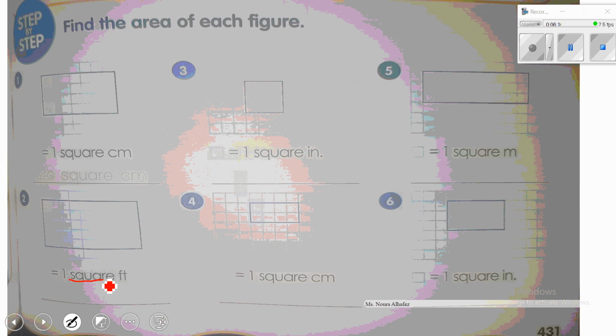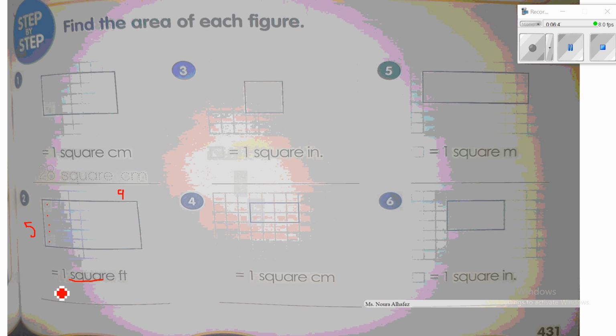So what is the area of this rectangle? Let's count now the length. Here I have 1, 2, 3, 4, 5, 6, 7, 8, 9. Here is 9. And here is 1, 2, 3, 4, 5. Yes, 9 times 5.